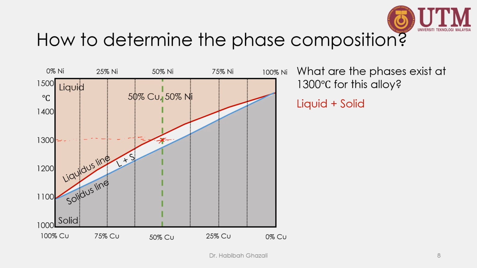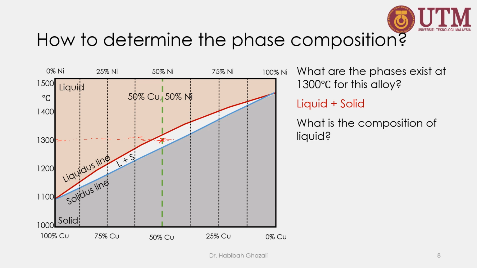So we know it lies in this area here, between the liquidus and solidus line. So there will be two phases that exist at this point: liquid and solid. And at this point, we want to know what is the composition of the liquid.